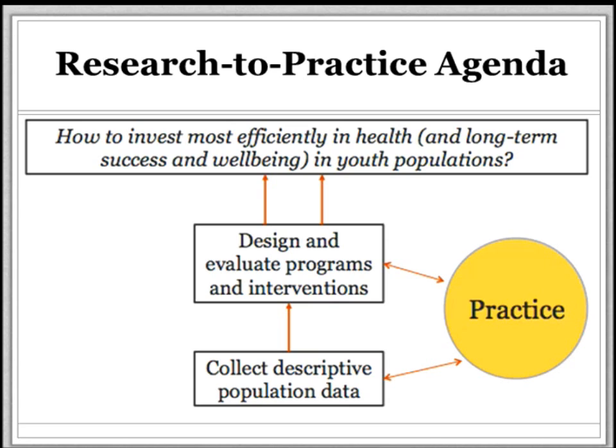In our broad research to practice agenda, a lot of it begins with collecting descriptive population level data. That's our starting point as we think about how we can invest in the mental health and well-being of young people. We really need to understand what's going on with this population and understand their needs, the things that they're experiencing.